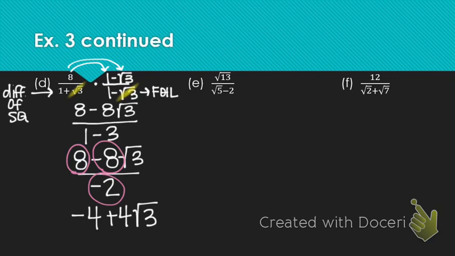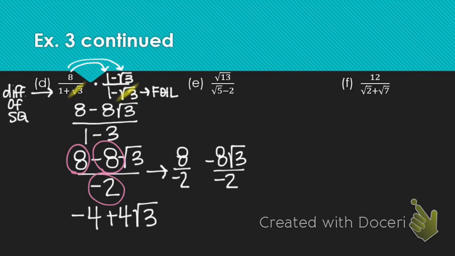Now you're like, you lost me. Okay, imagine this. Imagine this was 8 divided by negative 2 and negative 8 times the square root of 3 divided by negative 2. Because that denominator of negative 2 goes with both parts or both terms in the binomial.